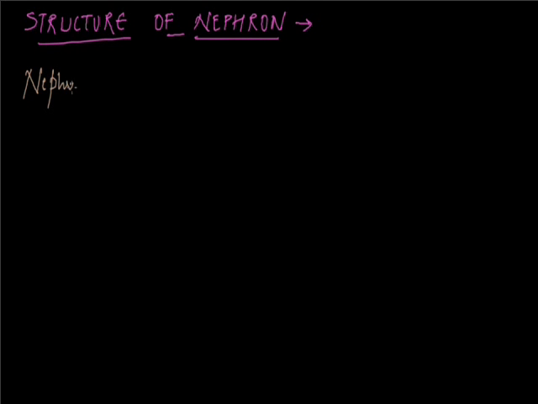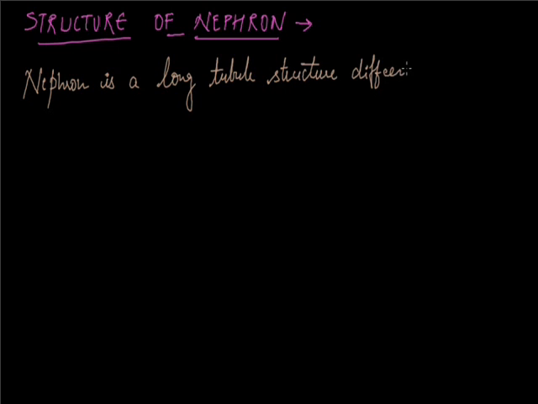Nephron is a long tubule structure differentiated into four regions.